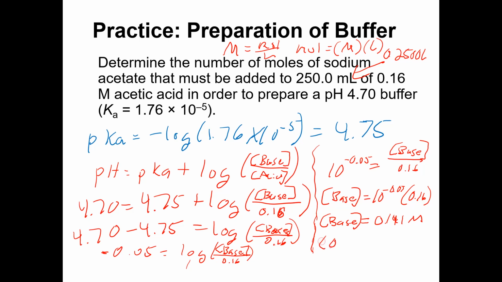So we're going to take 0.141 molar times 0.2500 liters, and if we multiply that out, we come up with 0.035 moles of sodium acetate that we need to add here.